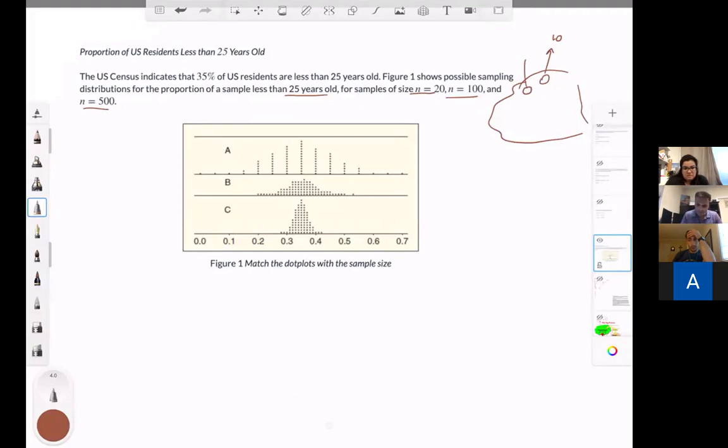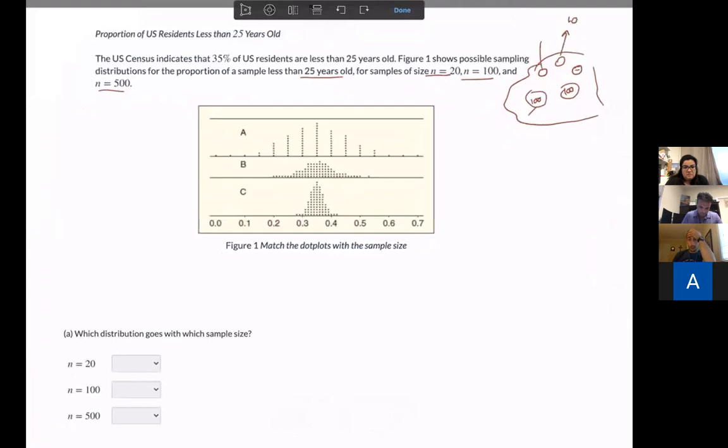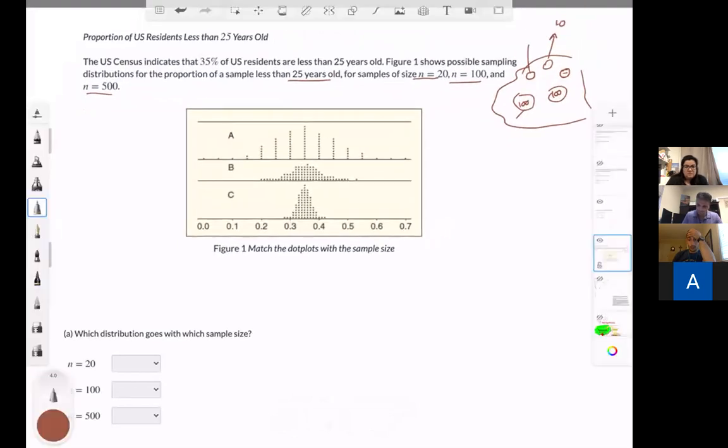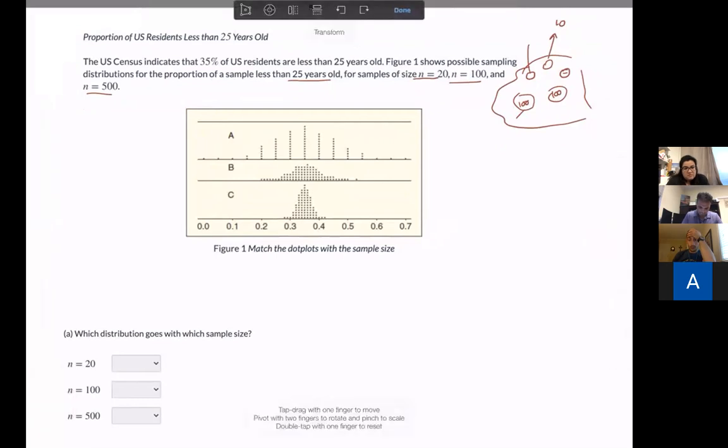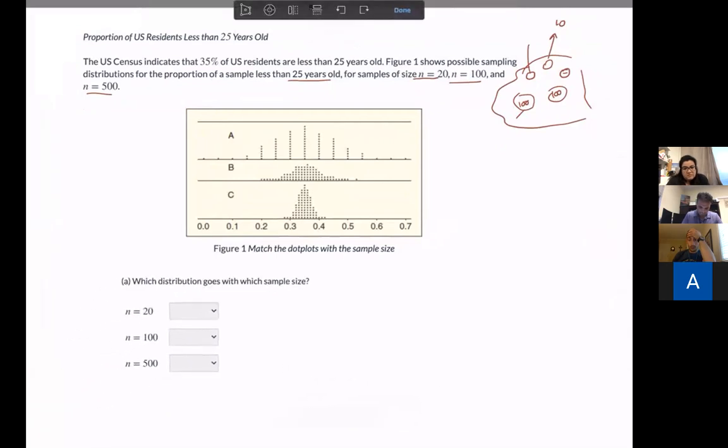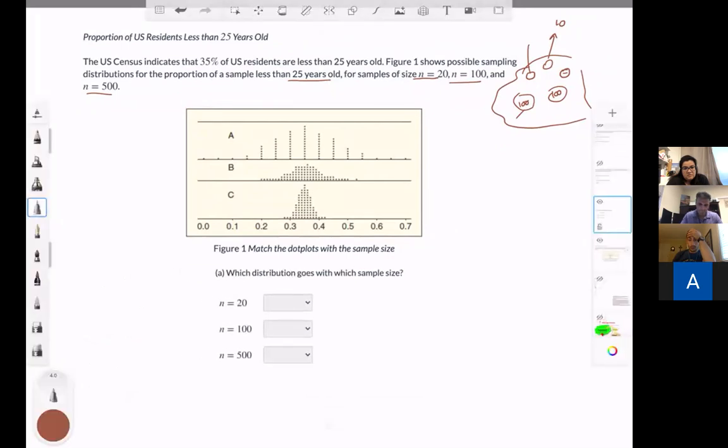Another person got samples of 100 people. Each sample had 100 people in it. Another one is 500 people. The question is: which distribution goes with which sample size?